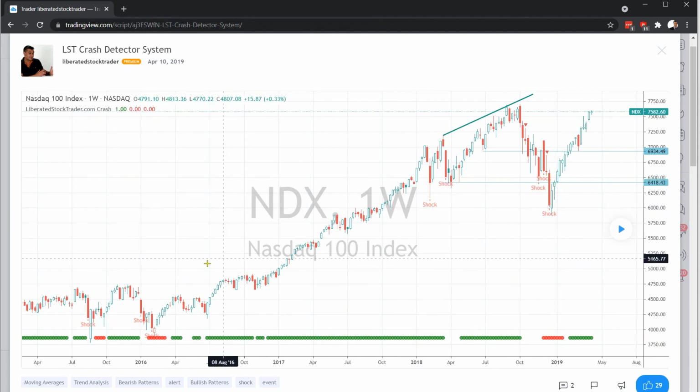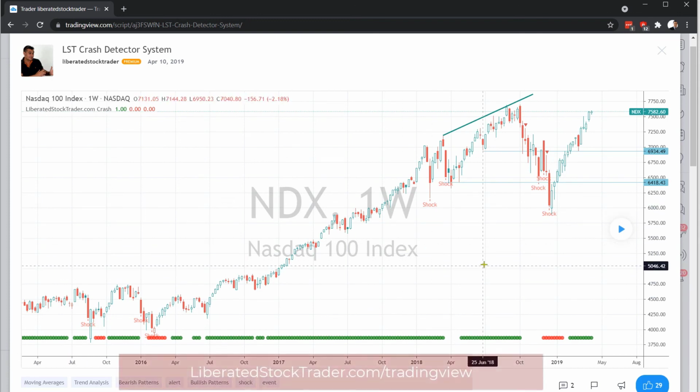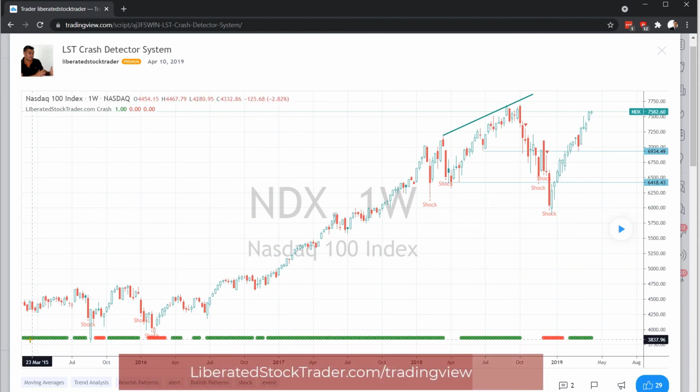So this is for free if you register with TradingView. As I mentioned, drop me a message and I'll give you access to this private script that you can use to interpret crashes and fear and greed in the market.